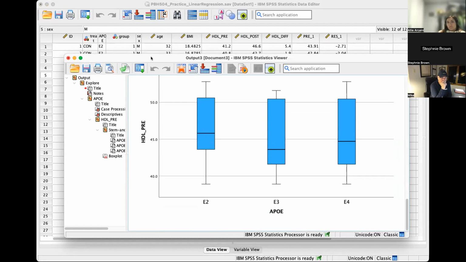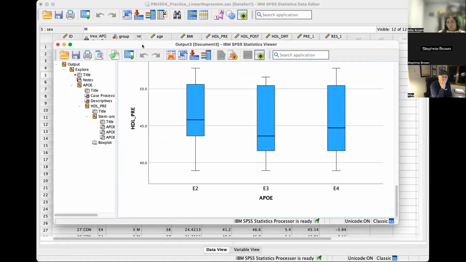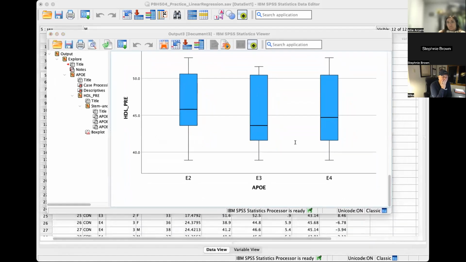So before we jump into that, let's remember, and here's where it's going to be important to first write out the regression equation before we get the results, right? So we're going to use multiple regression to predict baseline HDL using the genotype and BMI as predictors.